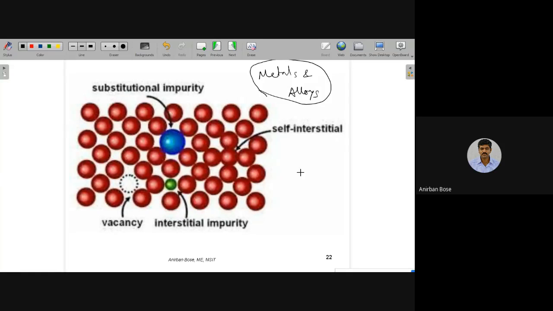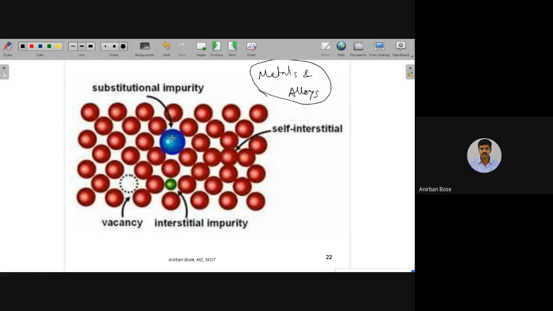By now you have understood what we mean by vacancy: from a regular atomic site, if one of the atoms is missing, that is called a vacancy. So vacancy is possible in case of metals and alloys. And you already know what a substitutional impurity atom is.